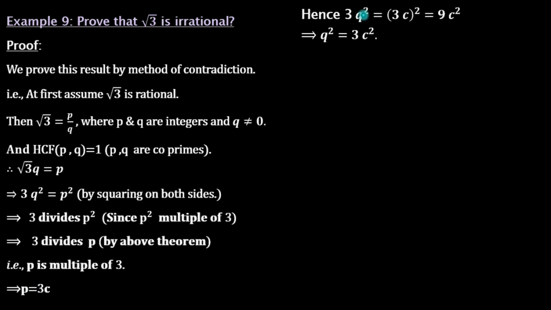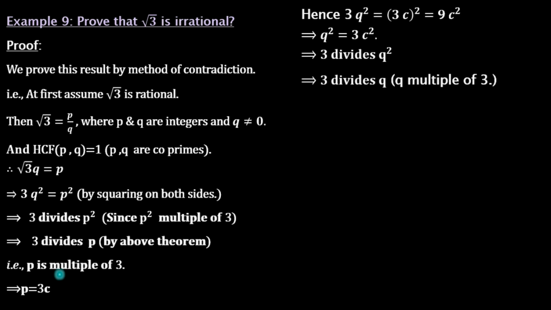That is, q square is a multiple of 3, or 3 divides q square from this step. Then by the above theorem, 3 divides q. q is a multiple of 3, then q equals 3k.